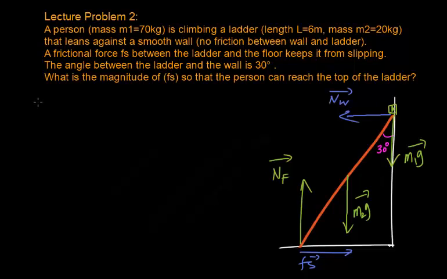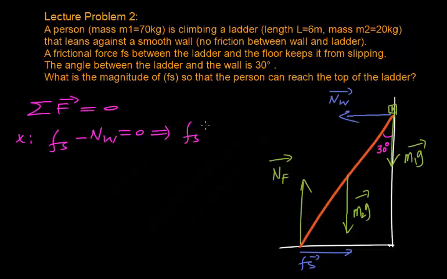Using the sum of the forces equals 0, because the system is in static equilibrium, the x component has only two forces. Fs is positive and NW is negative. They add up to 0. Therefore, Fs is equal to NW.